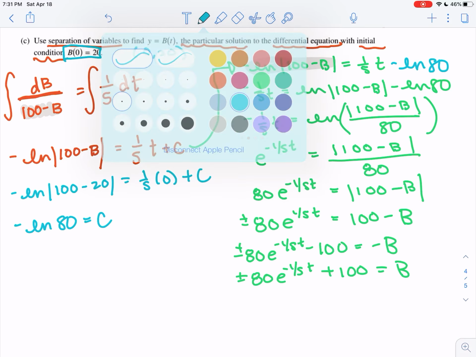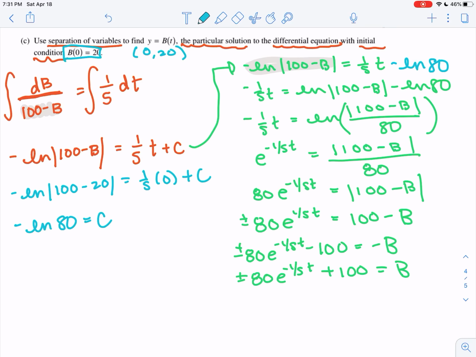So what do we do? Go back and plug that initial condition, 0, 20 to check. So we've got plus or minus 80 e to the negative 1/5 times 0, so that'll be 0, plus 100, and I need that to equal 20. So what sign makes this a true statement? The negative sign does, right?